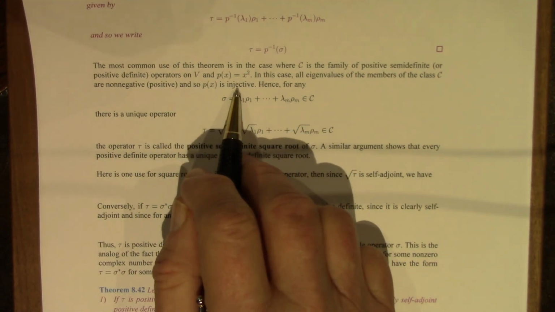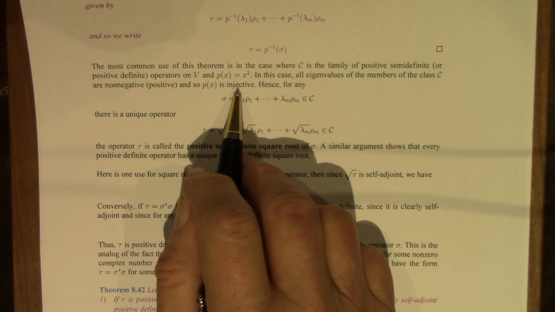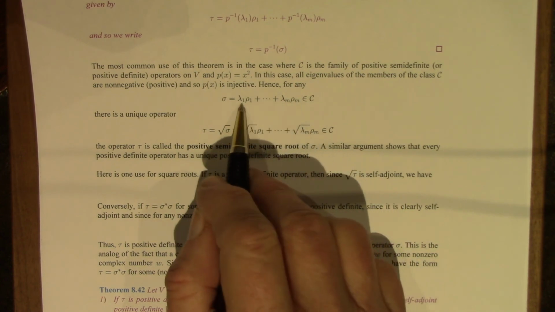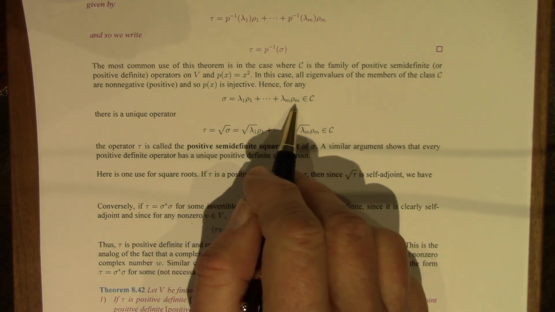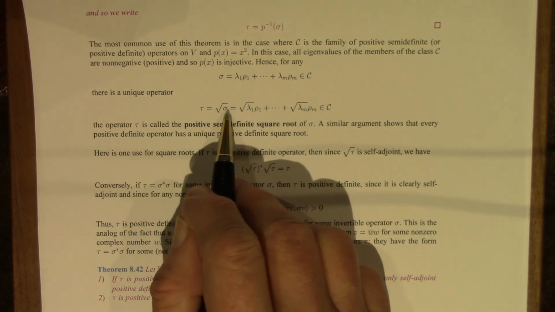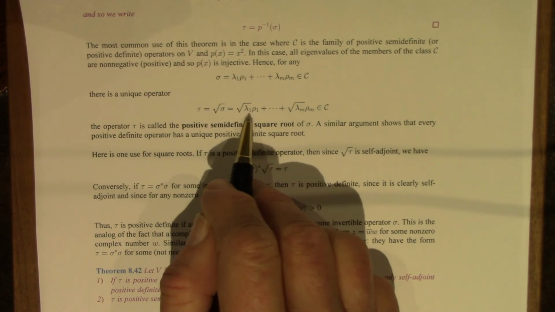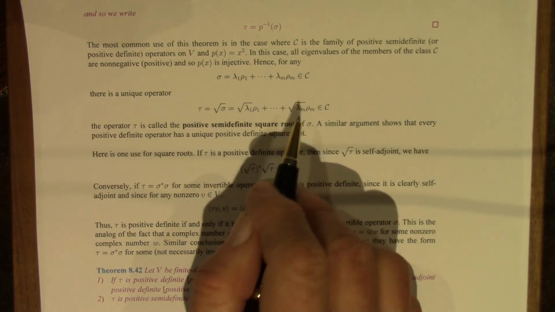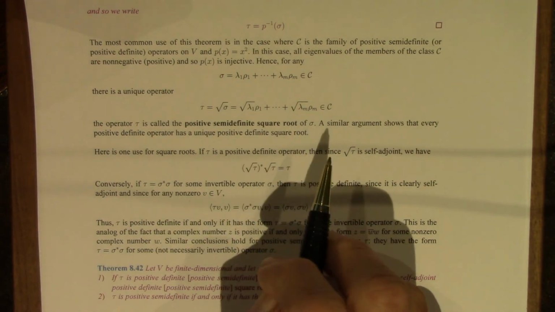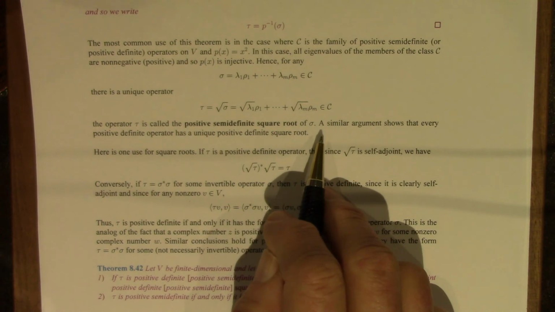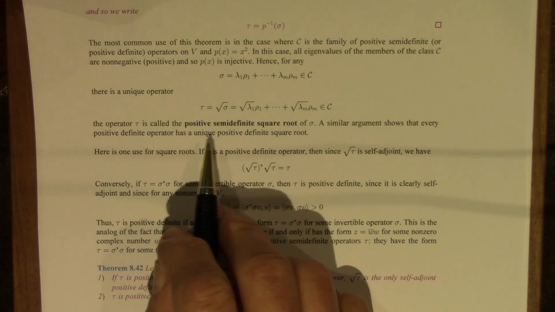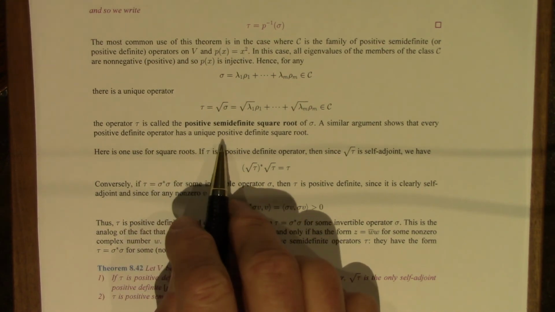P of x is injective, and so for any sigma, this is given by its spectral resolution, there's a unique operator, tau, which is the square root of sigma, given by this spectral resolution. This is called the positive semi-definite square root of sigma. And a similar argument will apply to the positive definite operators.